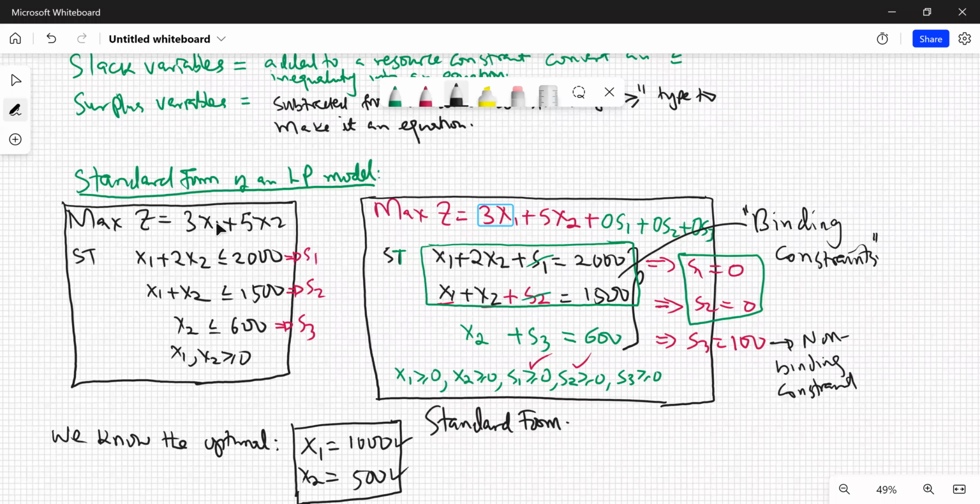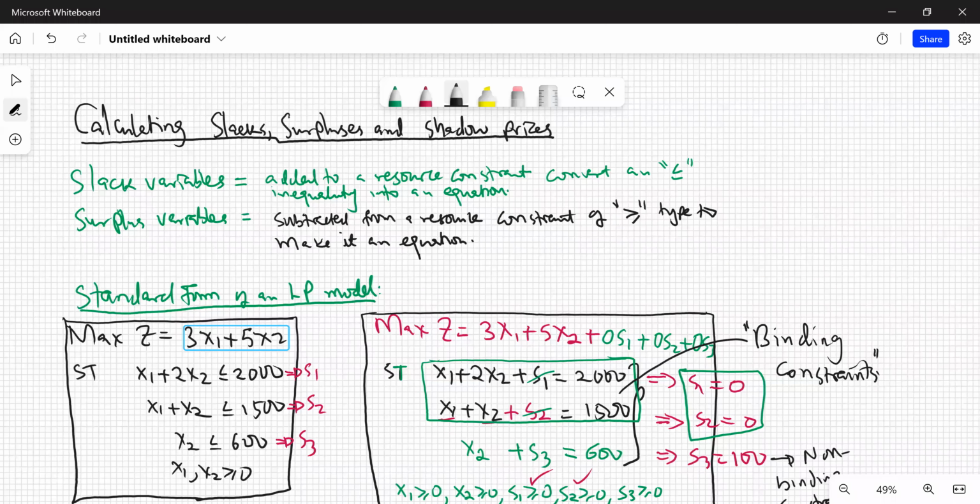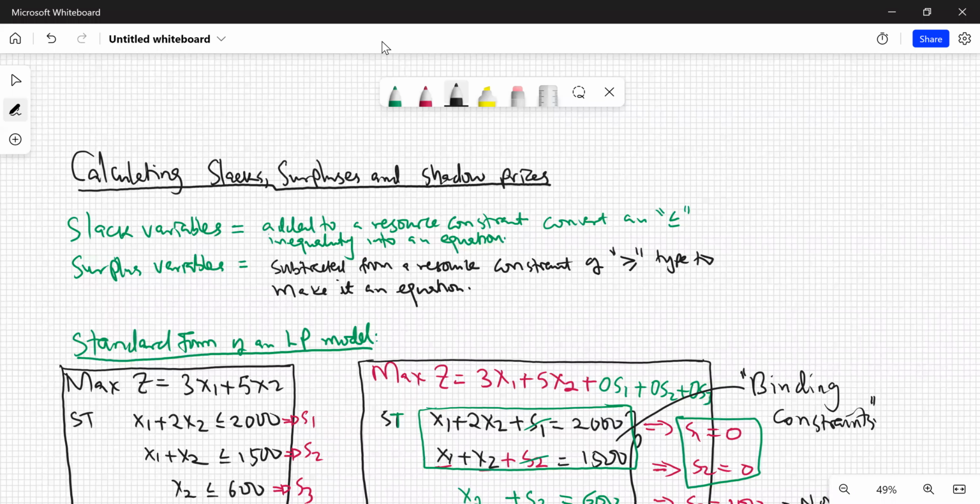Then you compare the value that you get with the value that was given by the original model. You are likely to get a new value for maximum z. Then you get the difference between those two values of z. That difference is what we call the shadow price.